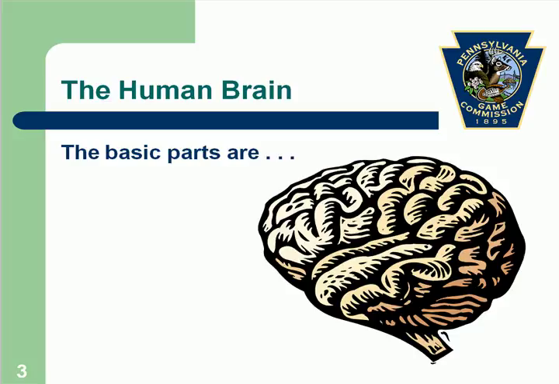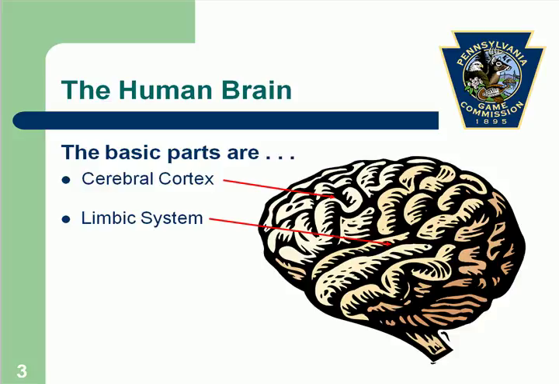The brain has 4 basic structures that control body functions, learning, and memory. The cerebral cortex is the area where sensory information is received and analyzed. Decisions are made, and responses are activated.